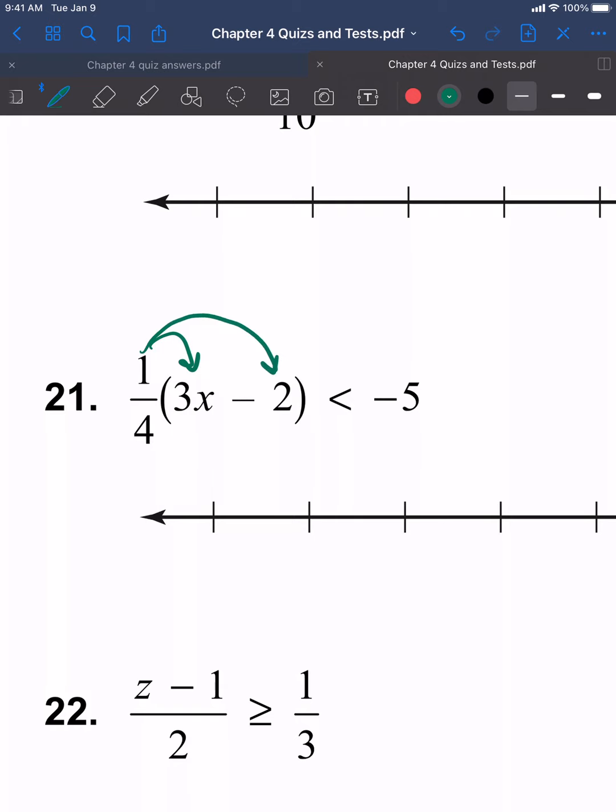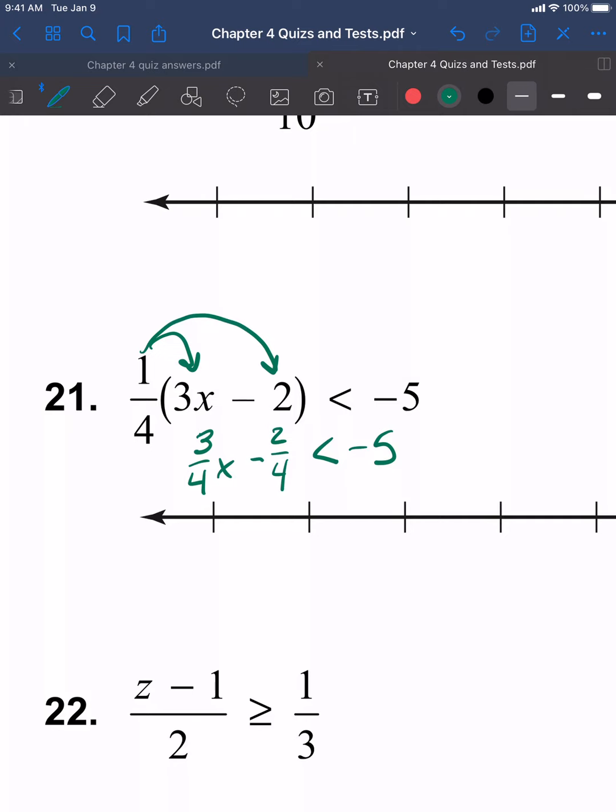That's the first thing you should do. 1/4 times 3. 3/4. Yeah. What's 1/4 times negative 2? Negative 2/4? Negative half. Yeah, same thing as negative half.